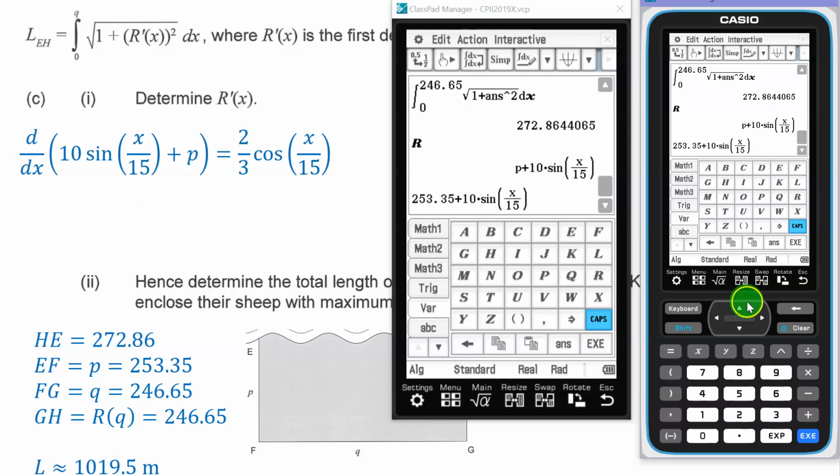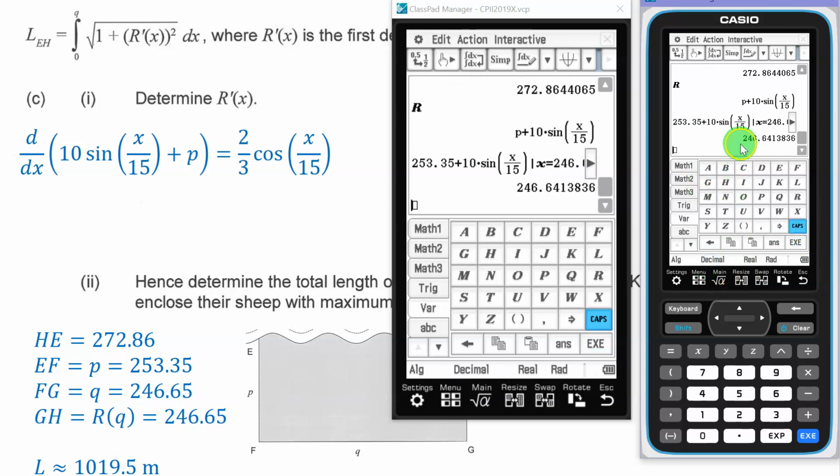And then we want to substitute into that whatever Q is. So given, shift, comma, that X is equal to Q, which is 246. We had that somewhere up here. There it is. Let's just pop that in, and we'll go back into decimal mode again. What a nightmare this is. We get 246.64. So that's the value of GH. We add these four up and we get the total amount of fencing as 1019.5. And that packs up the exam.